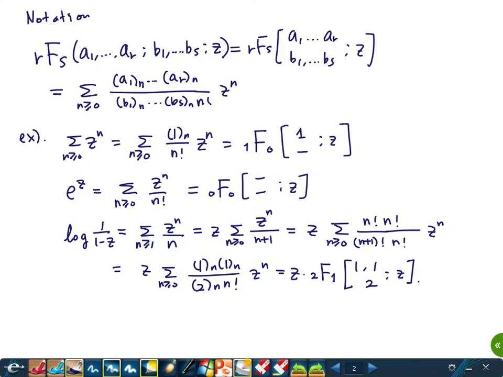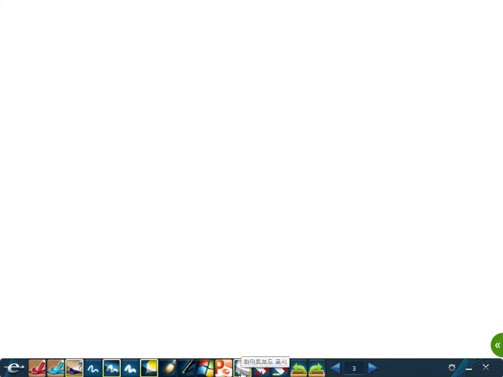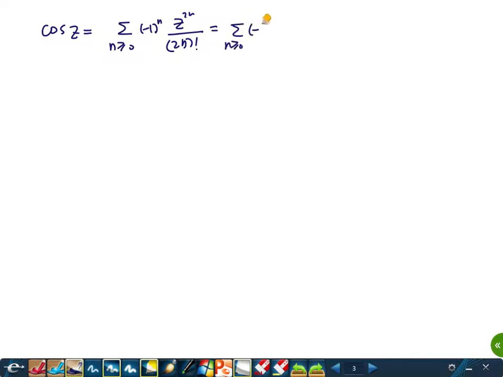Okay, so let's do one more example. Cosine. It is minus 1 to the n, z to the 2n over 2n factorial. Now, how can we change this into a hypergeometric series? Okay, let's rewrite this. Minus 1 to the n.